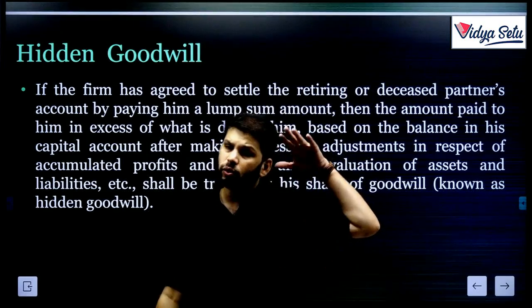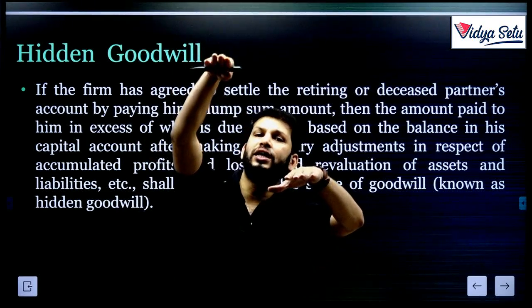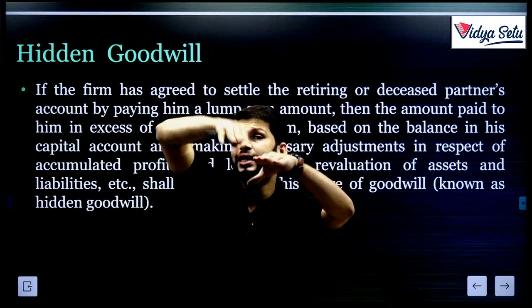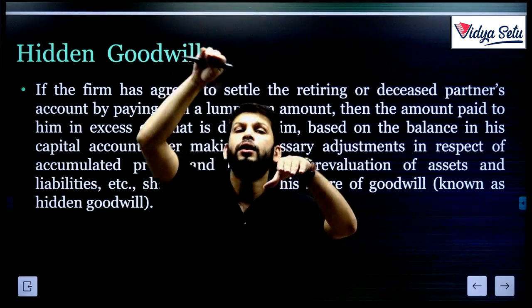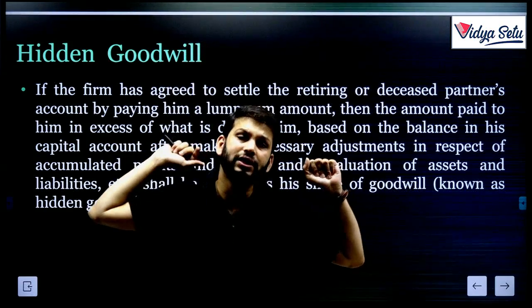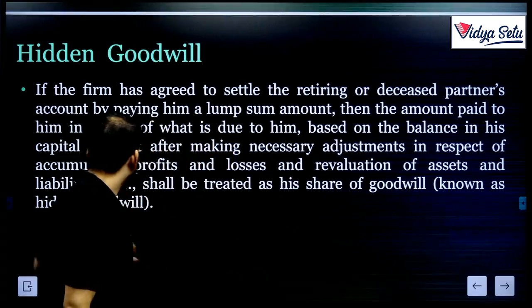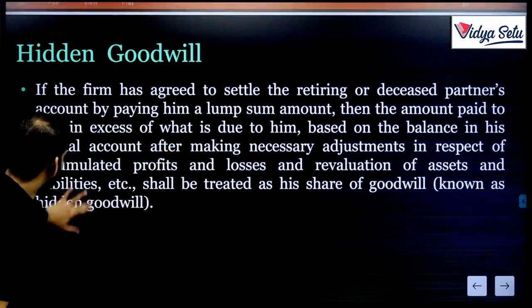So whatever he was supposed to get plus whatever he is getting, if he is getting more than what he is supposed to get, the difference is what? The difference is hidden goodwill. Okay, so let's have a look.